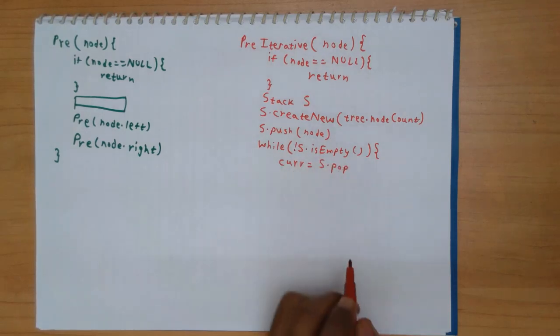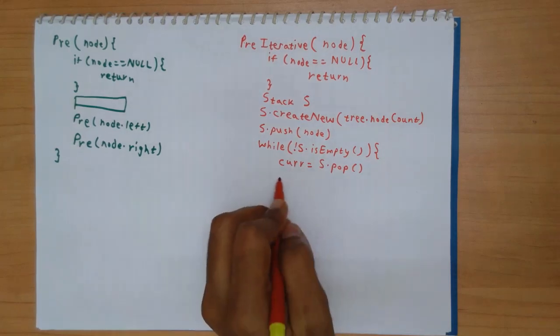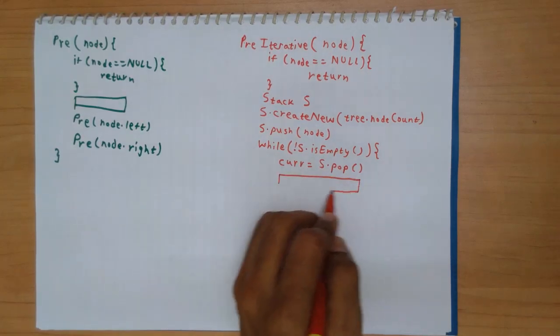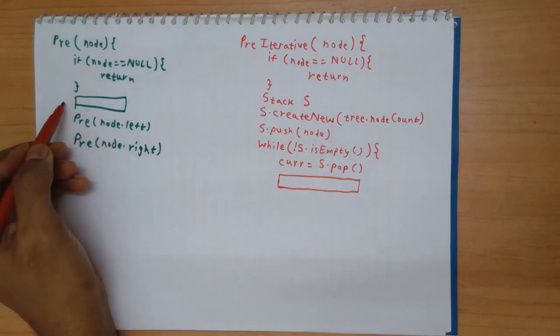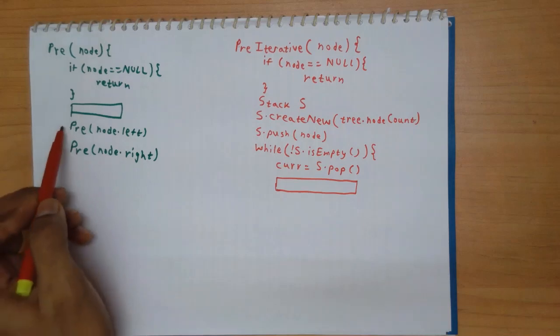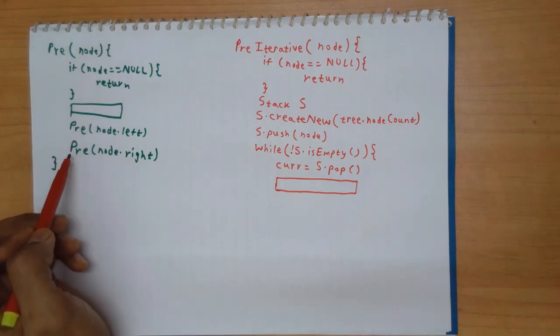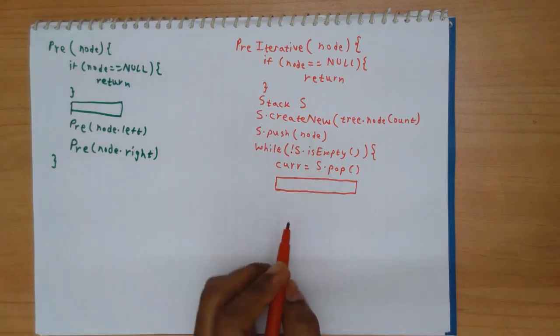So I have got a node from my stack, and the first thing I will do is perform the node specific action which I was doing here. And once I do that, then I have to push my left and right. In the recursive logic I was giving the first call to the left and then the call to the right, but here we need the exact opposite order because we are pushing things onto the stack.